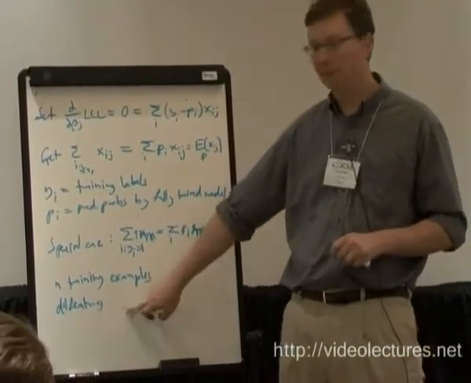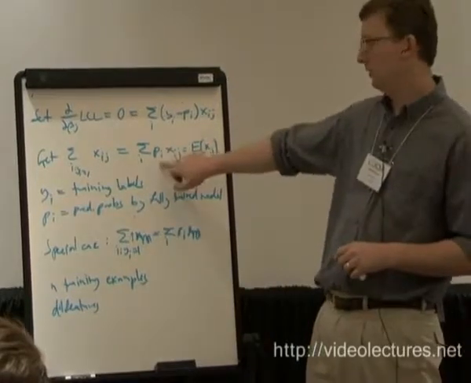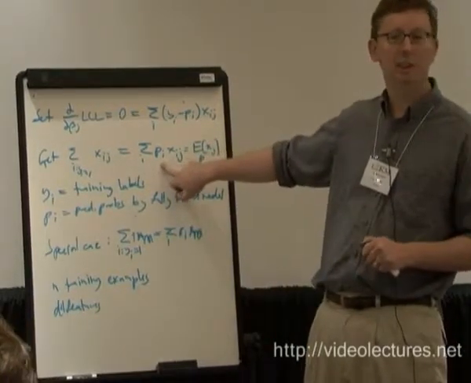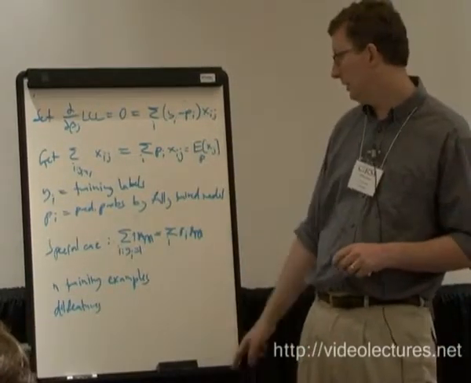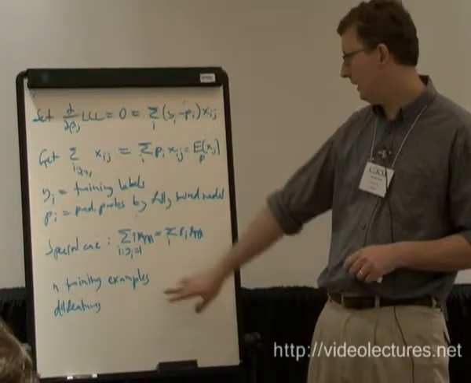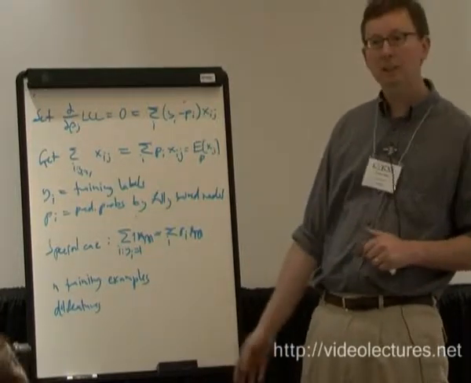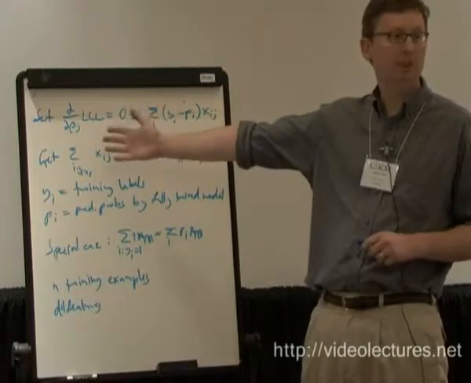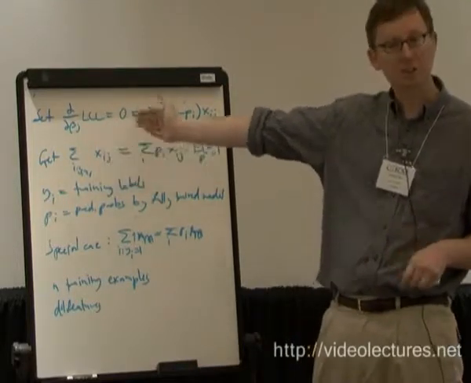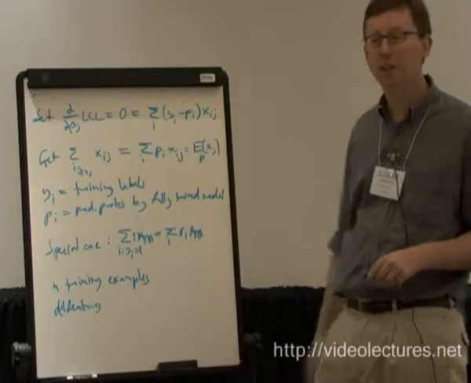Generally, if n is bigger than d plus 1, then these equations may not have a unique solution. And if n is less than d plus 1, then you might think that these equations don't actually have a solution. But it turns out they always do have a solution.